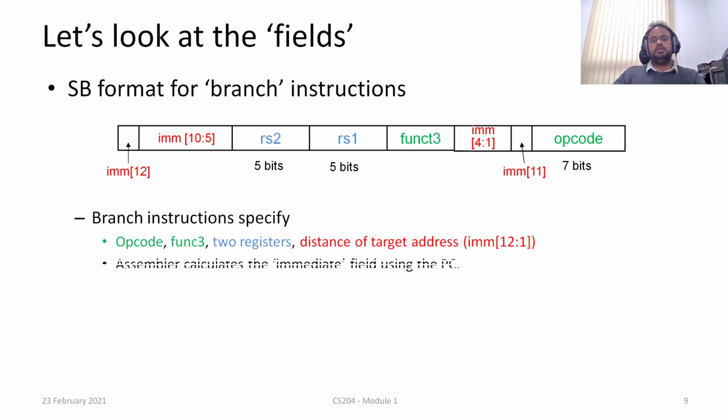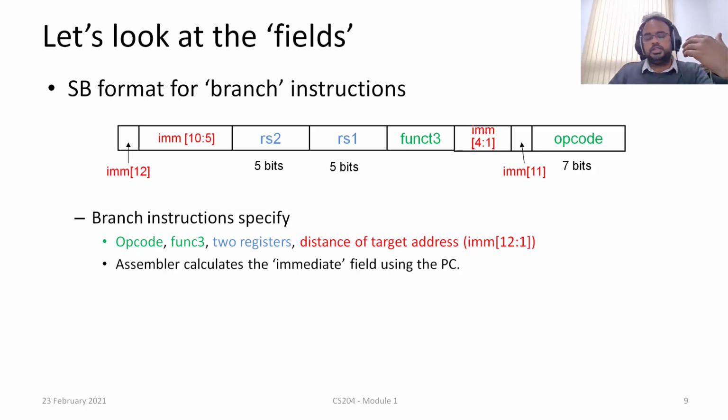Now, what do we mean by distance? It is the distance from the address of this branch instruction to, let's say, somewhere below where we want to jump to. In the very first example we took, instruction 1 was a branch, and then we had instruction 20. The difference of these addresses, I20 minus I1, would be the immediate value.